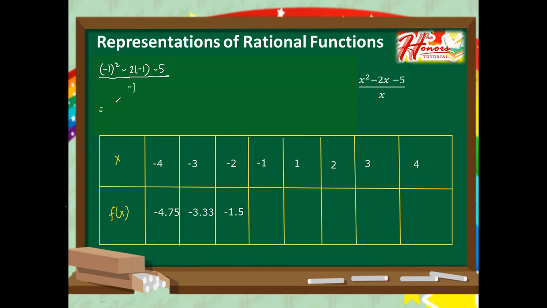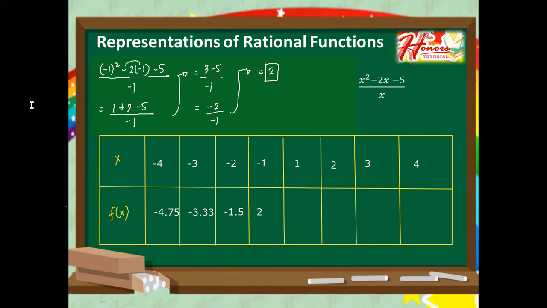Negative 1 squared is 1, positive 1. Negative 2 times negative 1 is positive 2 minus 5 over negative 1. 1 plus 2, that's 3 minus 5 over negative 1. 3 minus 5, that's negative 2 over negative 1. Negative 2 over negative 1 is equal to positive 2. So we have here positive 2.